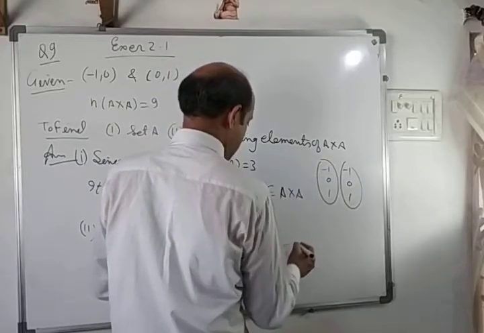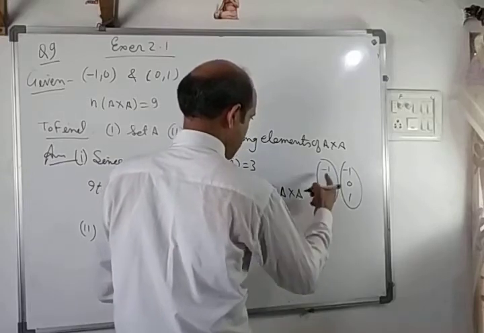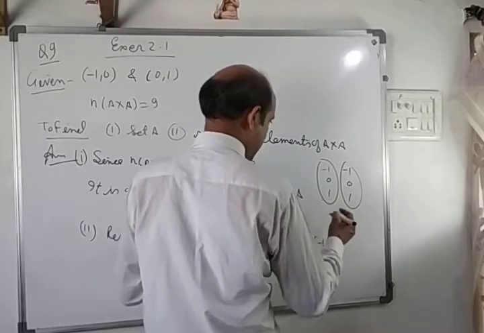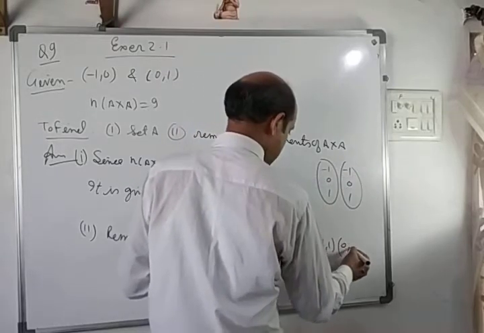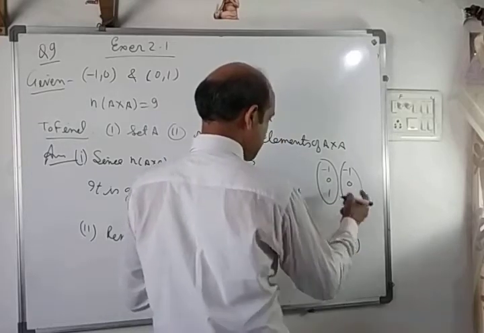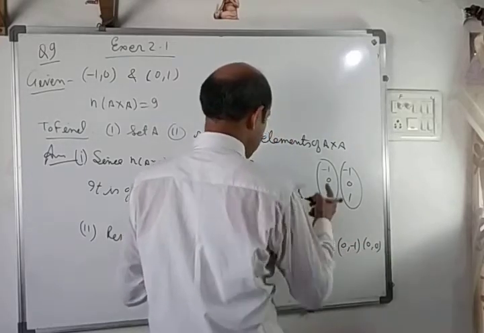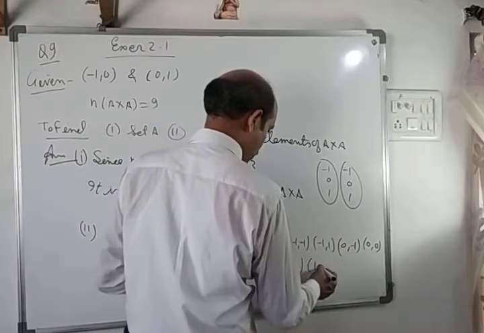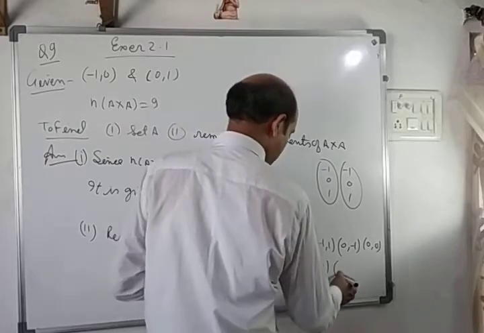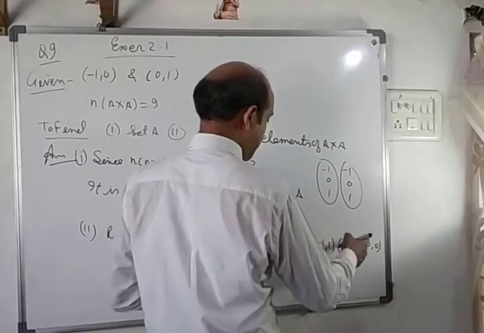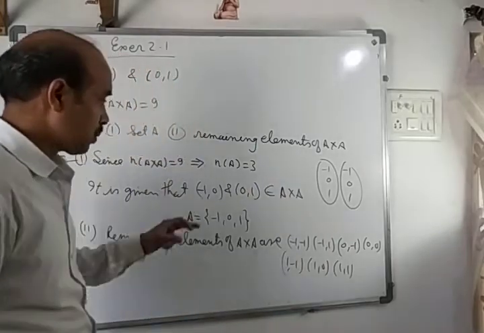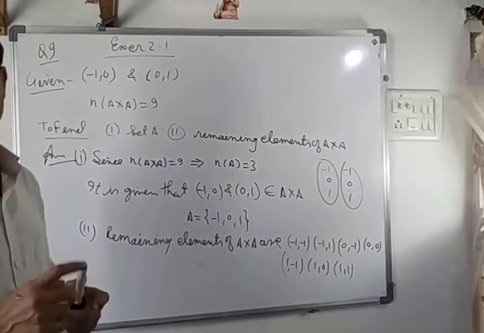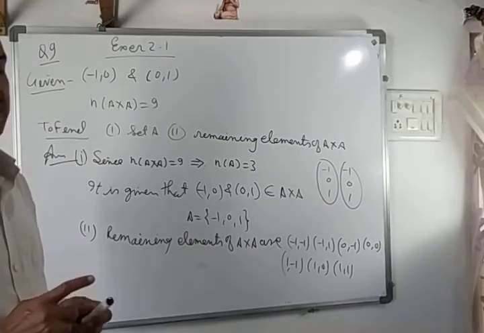Now (-1, -1); (-1, 0) is already given; (-1, 1) is not given; then (0, -1) is not given; (0, 0) is not given; (0, 1) is given. Now (1, -1); (1, 0) is not given; and (1, 1). So total 1, 2, 3, 4, 5, 6, 7. 2 are here, total is 9. So the remaining elements of A cross A are 7 elements which are given here.